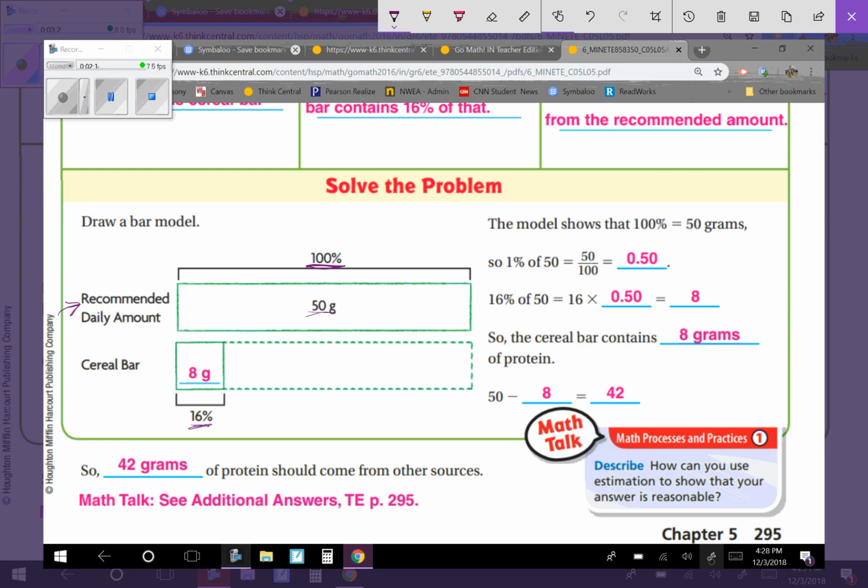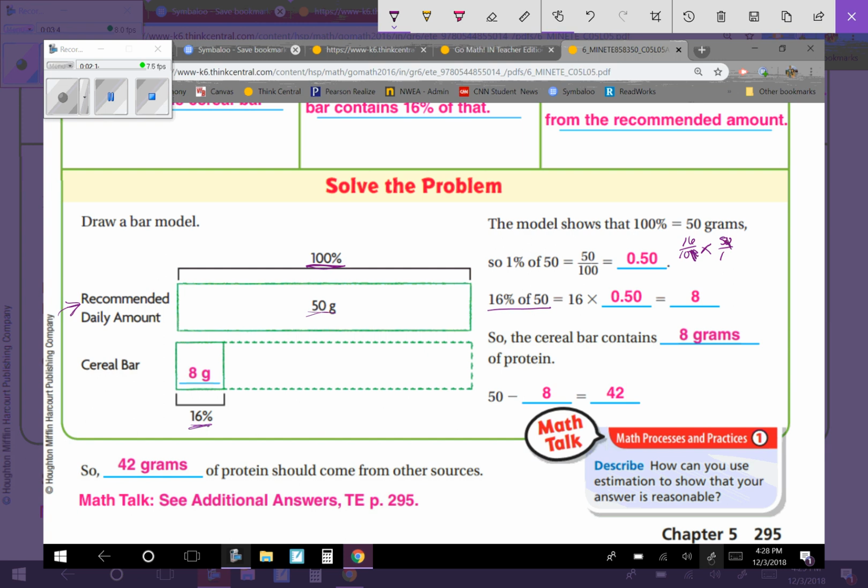I would prefer to use the method I learned yesterday, which is that 16% of 50 would be 16 over 100 of, which means multiply, 50 over 1. I would simplify here.